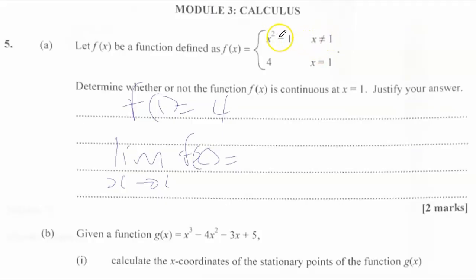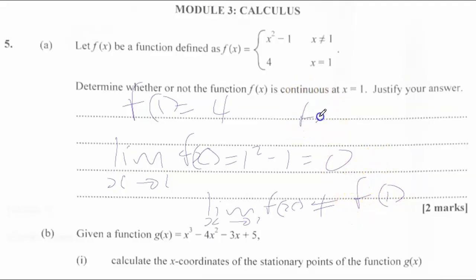So you substitute 1: 1 squared minus 1, that's 0. The limit of the function as x approaches 1 is not equal to f of 1, and for the function to be continuous at 1, they must be equal. So therefore, the function f of x is not continuous.